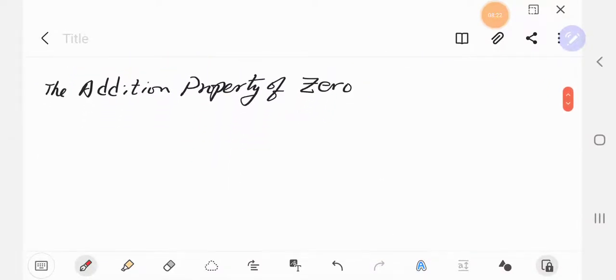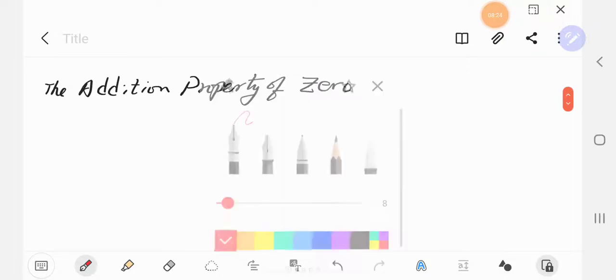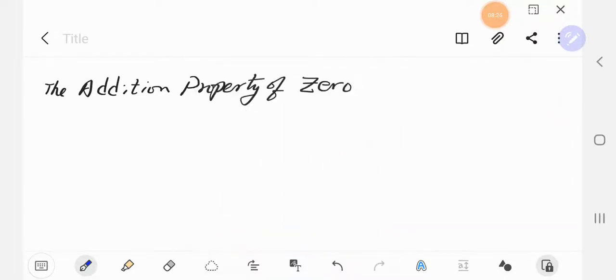Okay, addition property of 0. This is a really important concept. This means you have a number, and when you add 0 to this number, the result is the number itself. Or 0 plus 3, then the answer will still be 3, right?